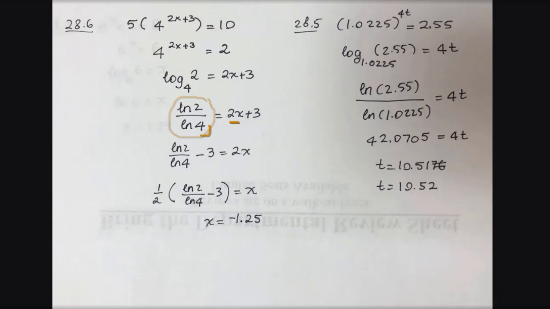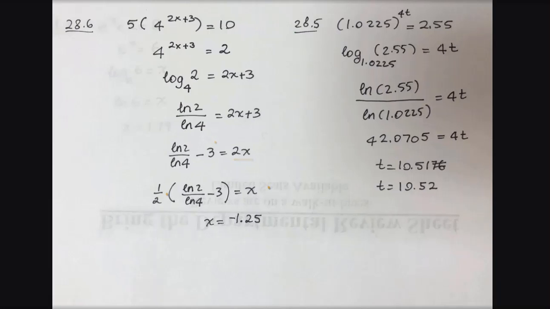To find x, we will subtract 3 from both sides. So we have 2x on the right. And we need to divide both sides by 2, or equivalently, multiply both sides by 1 over 2.